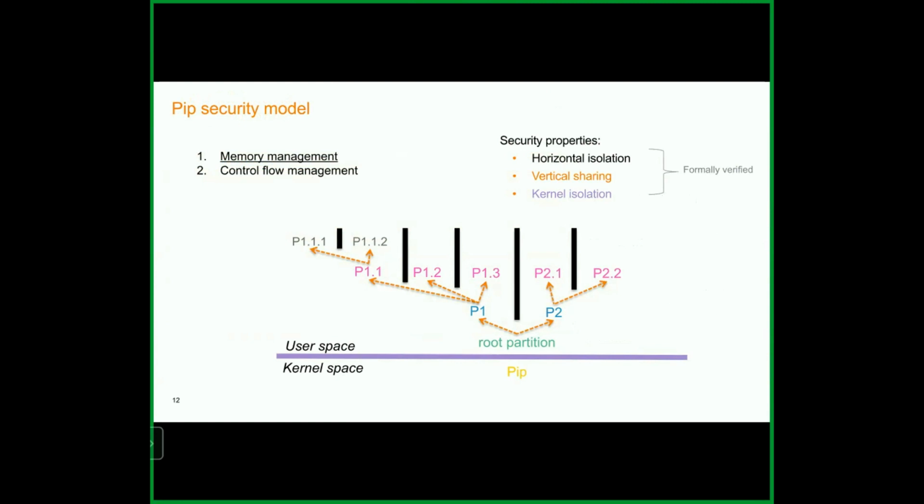That means that any subdomain is strictly isolated from each other. And so what we do is that we use this privileged entity from our framework to replace the MMU entity in Pip, to specialize the framework and achieve the same security policy with Pip-MPU.